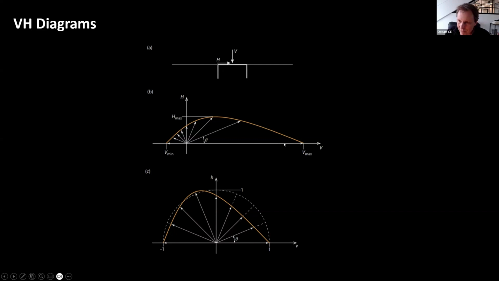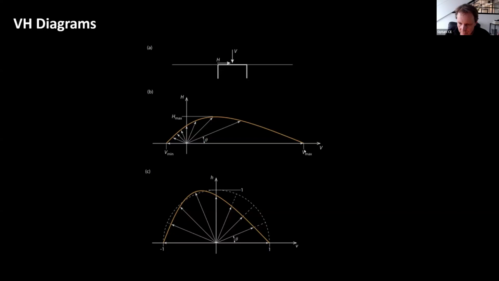Except for typical VH diagrams, if you do that just with a constant angle, then you tend to have a fairly unequal spacing of the points. So you can move it into a scaled space, you could say, and then do it in a more efficient way. That's what is fully described in the note.